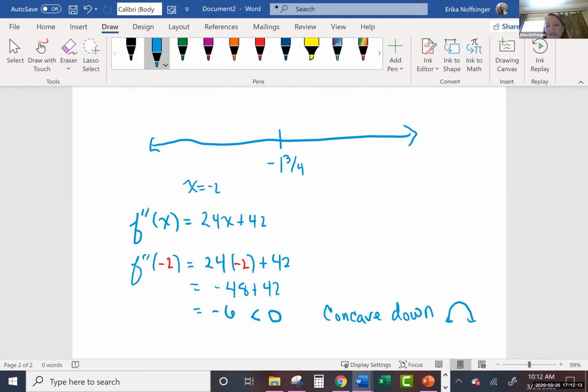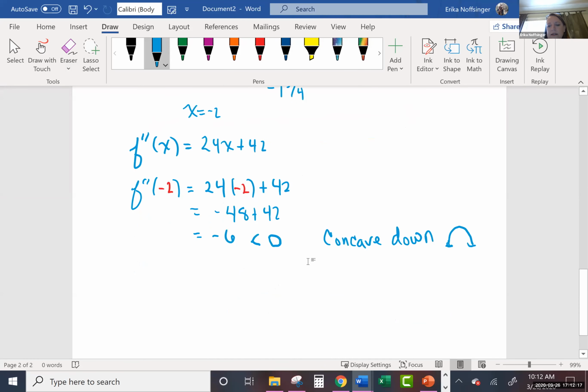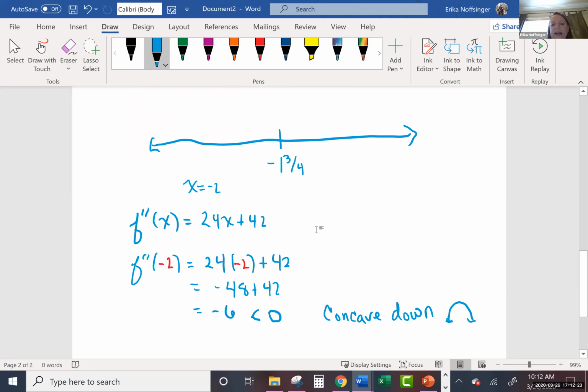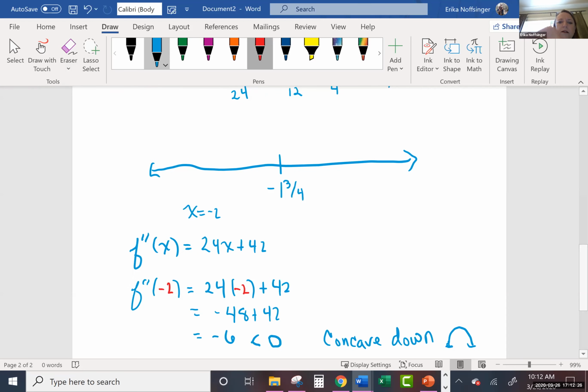If it's concave down, it's facing downwards like this. And so now we need to see what's going on the right-hand side. And so if I choose a number to the right, so maybe x is equal to 0.